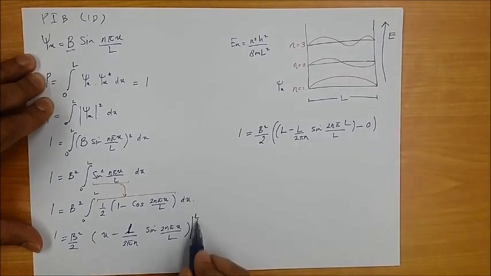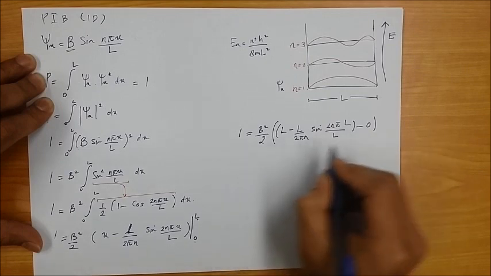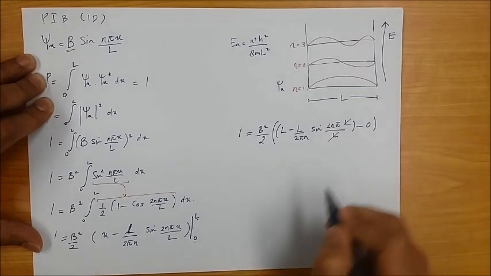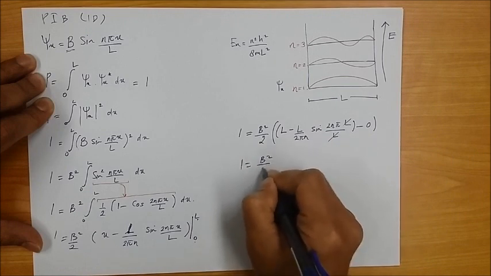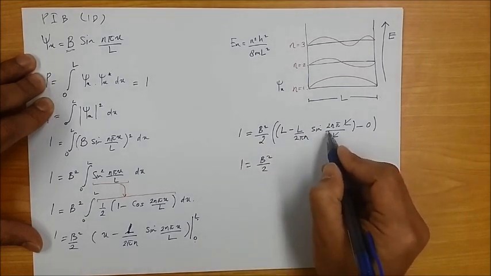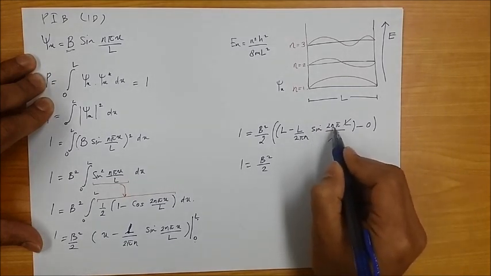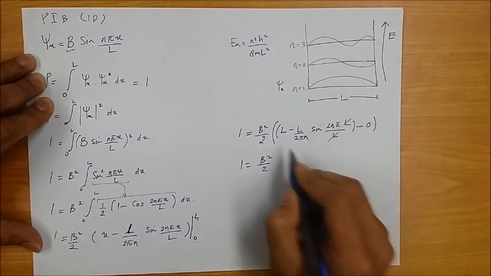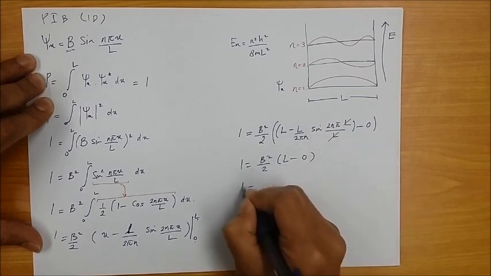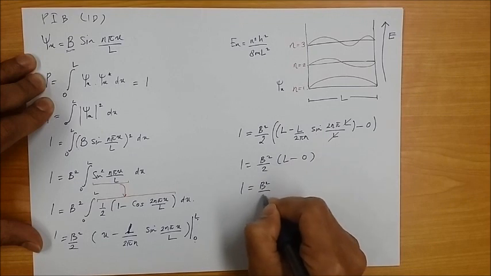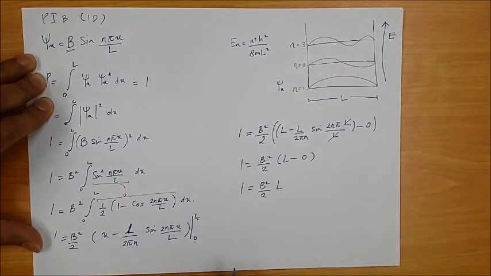Okay, I'm plugging in L and 0. Alright, this is L and this is 0, and this you can cancel out. Sin 2 n pi is 0, right? So this becomes L minus 0. So 1 is B squared divided by 2 times L.